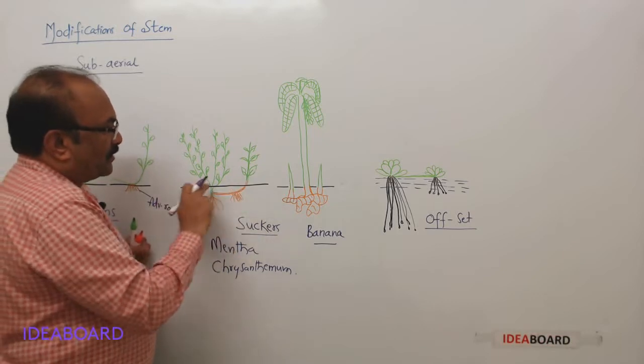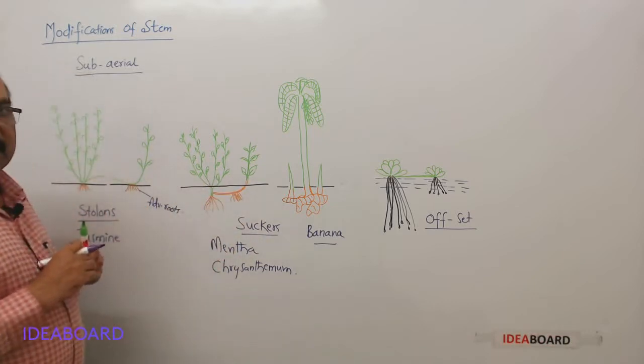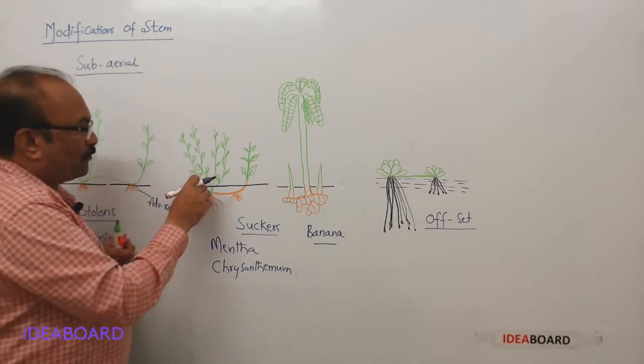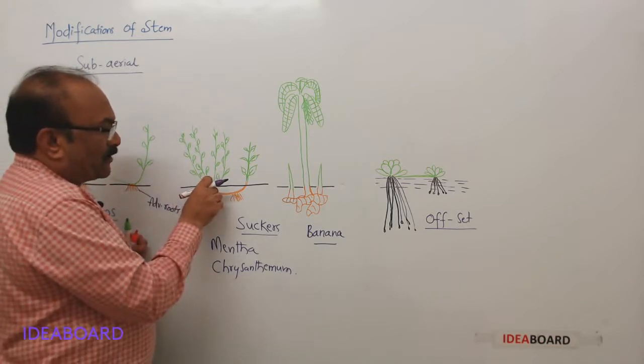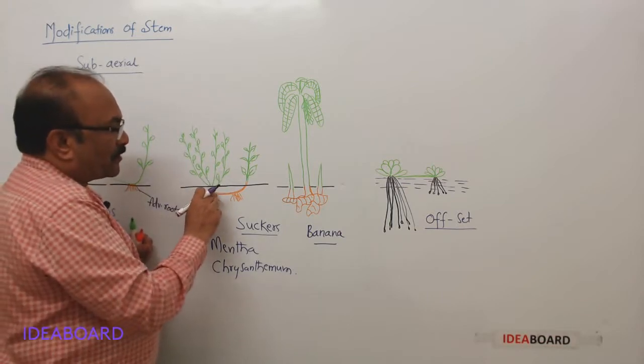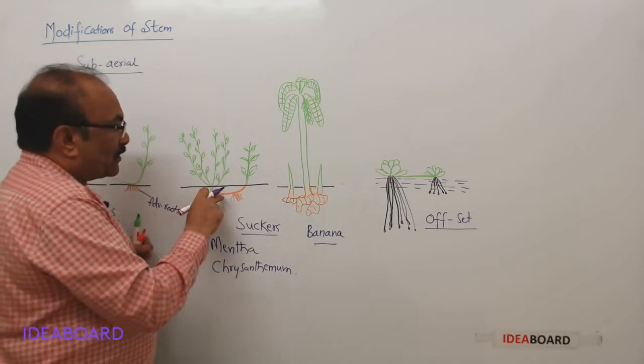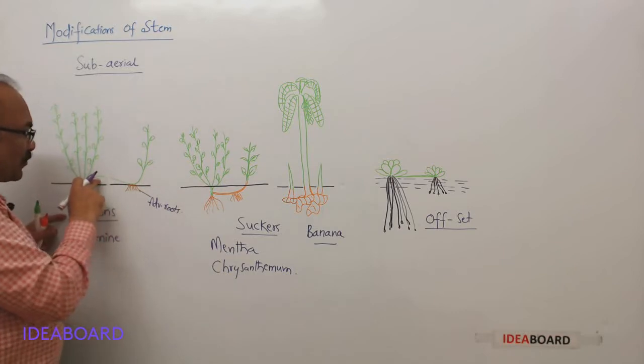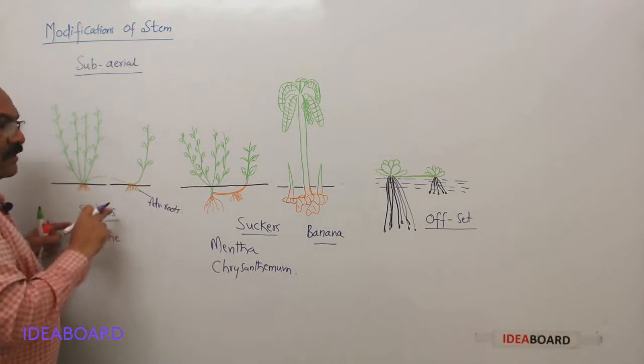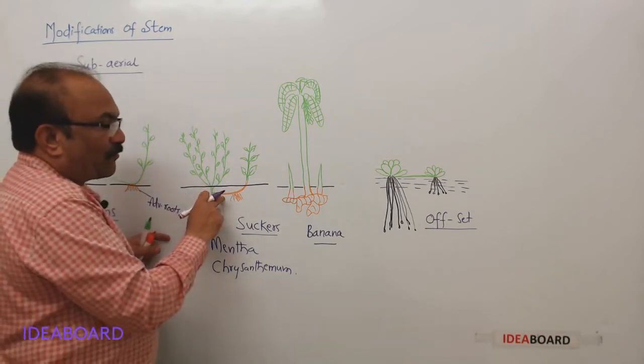You can see this black colored line represents soil level. Below that soil level, you will find the stem here, and from that stem, some branches will come out. So it is not an aerial branch as we observed in the case of stolon. Here it is an underground branch.